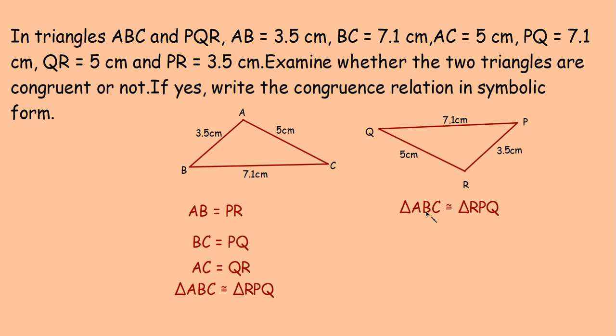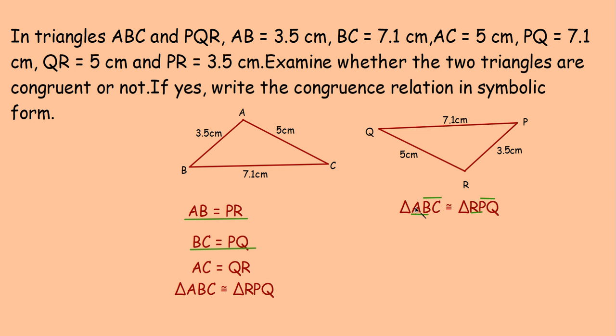Now consider the relation triangle ABC is congruent to triangle RPQ. The first side AB, the corresponding side will be RP or PR. You can see AB is equal to PR here. The next side is BC. The corresponding side is PQ. That is BC is equal to PQ.